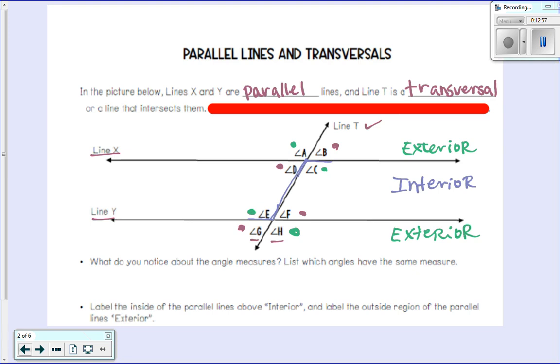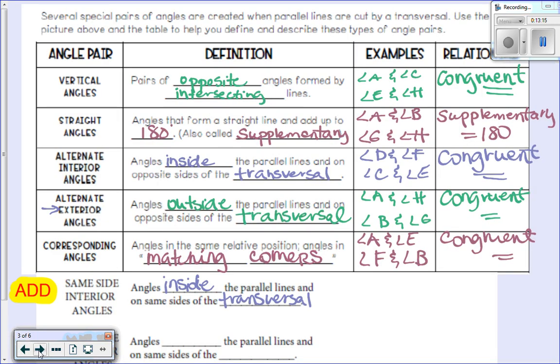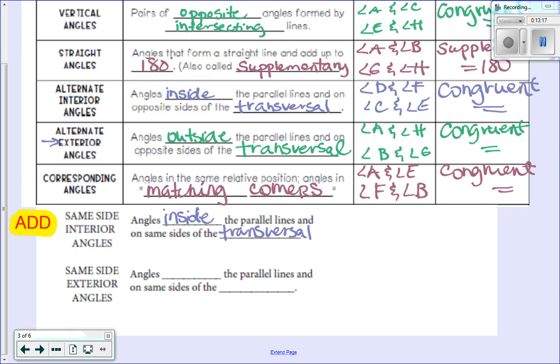What relationship is that? Are they congruent? They're what? Supplementary. Good. Can you see that this is kind of an acute angle and this one's a little bit larger? So if you add them up, they equal 180 degrees. So they are supplementary angles.